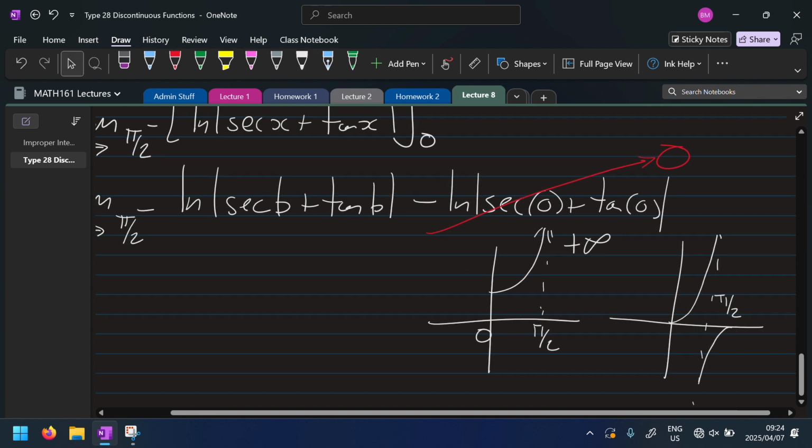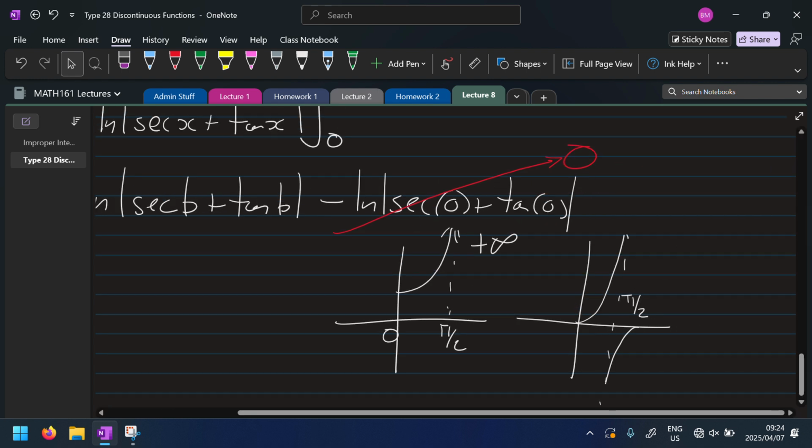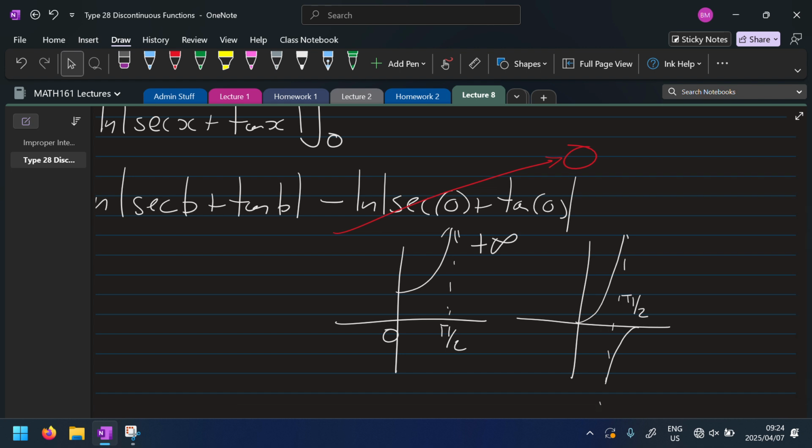Now, this is where it becomes important. Pi over 2 minus. Which side of the asymptote are we on? If we are on the right side of the asymptote, the answer is minus infinity. If we are on the other side of the asymptote, the left-hand side, then the answer is plus infinity, right? So it makes a difference whether you go to pi over 2 minus or pi over 2.